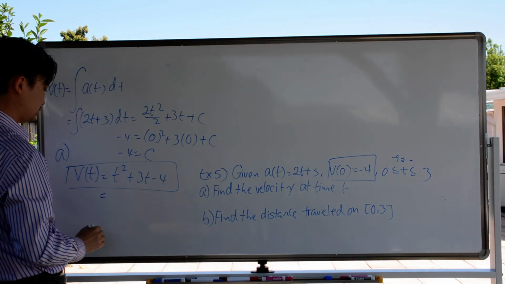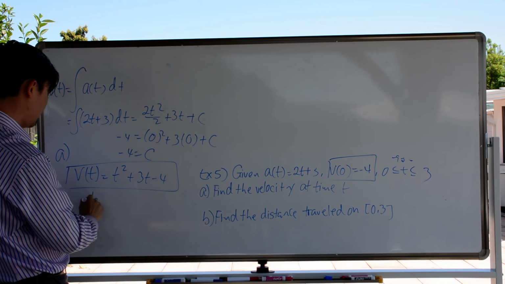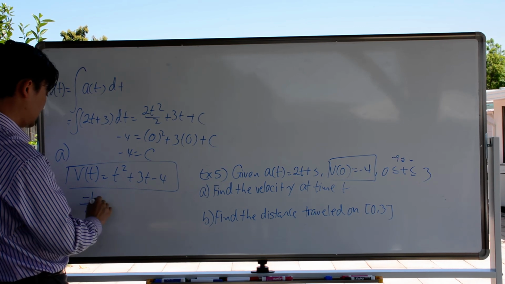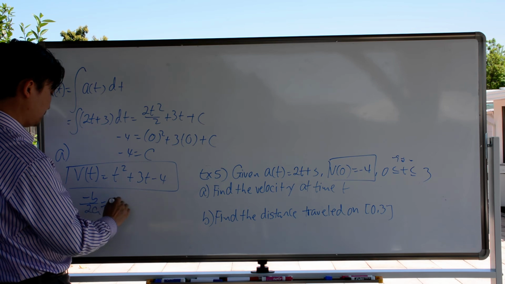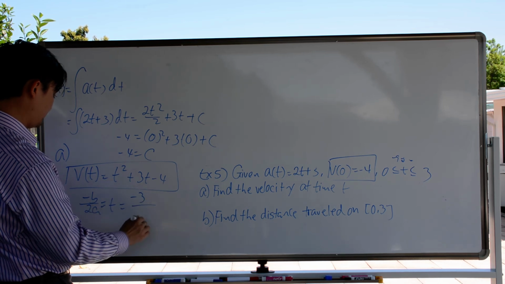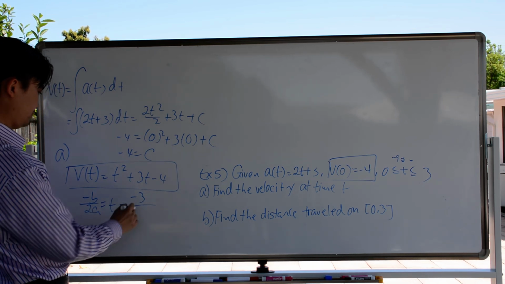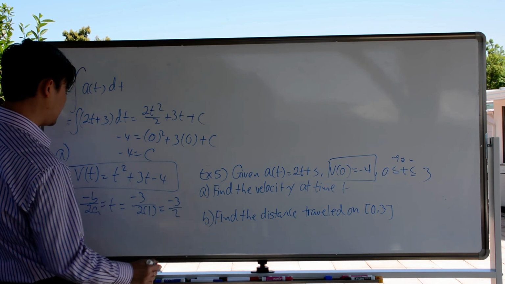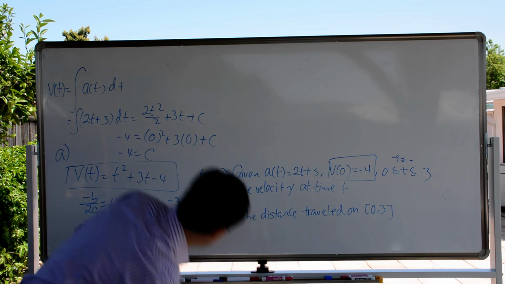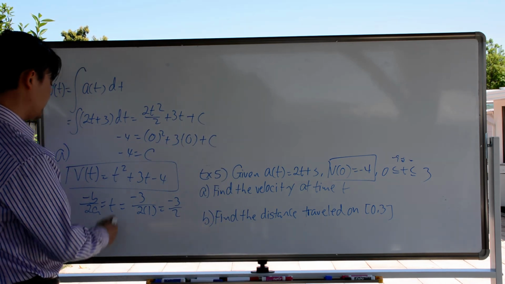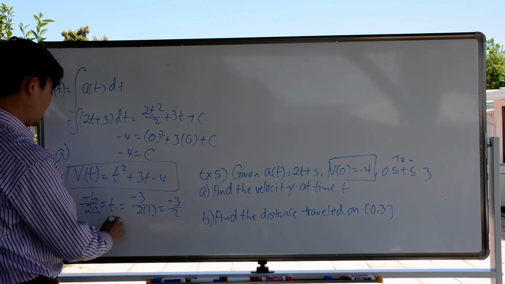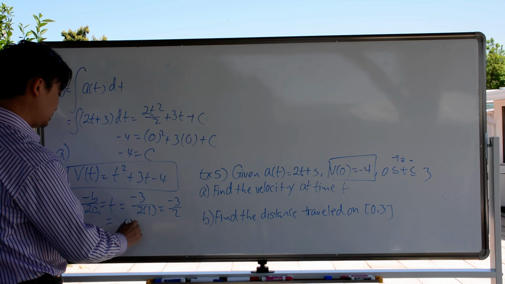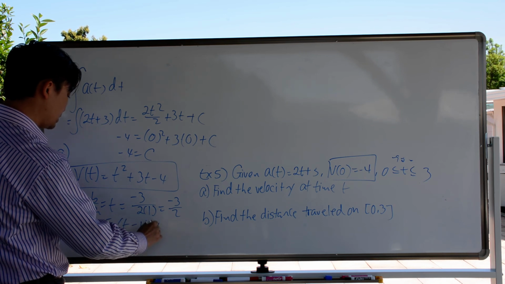The vertex would be negative b over 2a for t, so negative 3 over 2 times 1, so it's negative 3 halves. Or we can just factor it: t minus 1 and t plus 4.